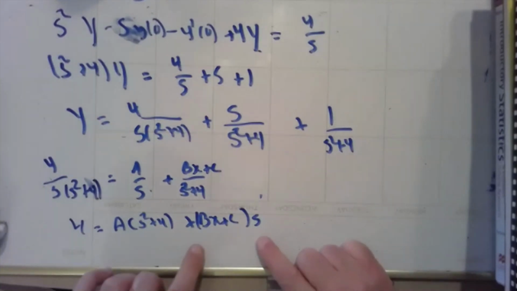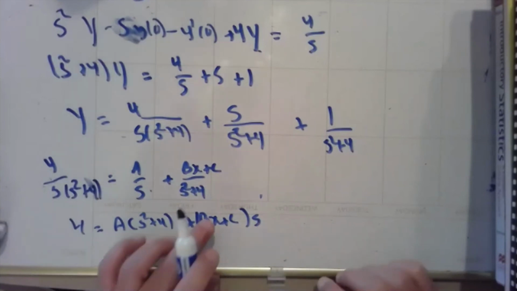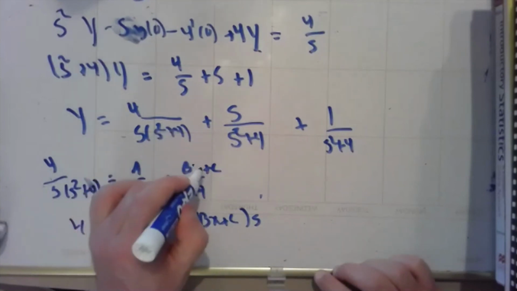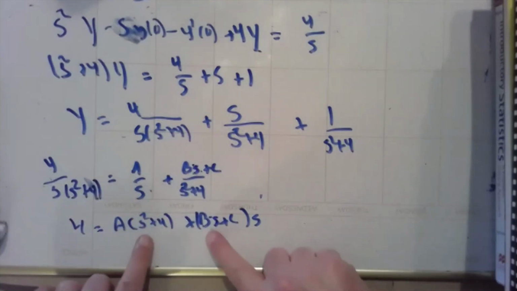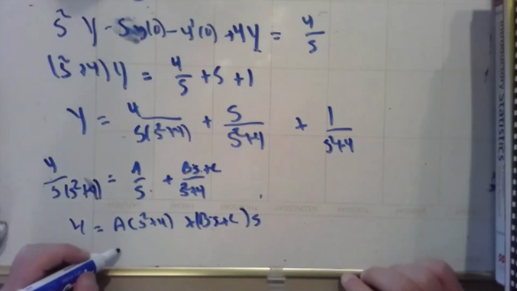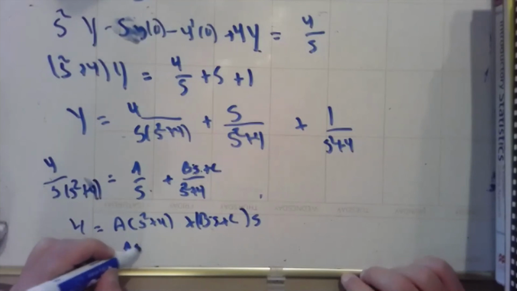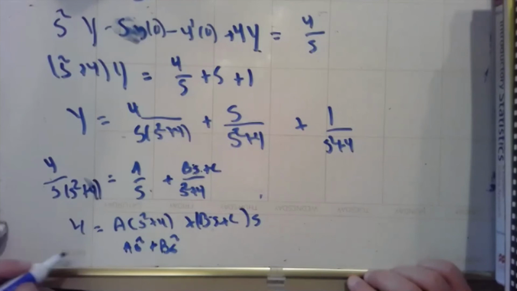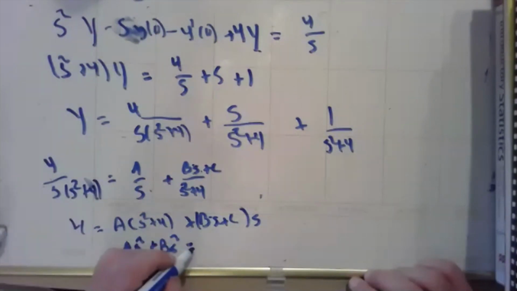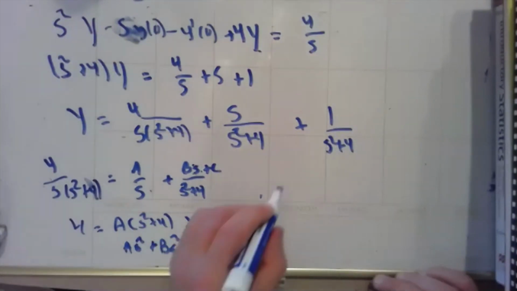So I like to just match up my front guys. So I'm going to have an A s squared and a B s squared. Over here on this side, I don't have any s squared, so those must equal 0.